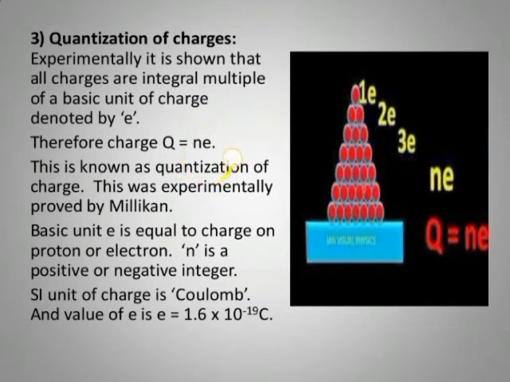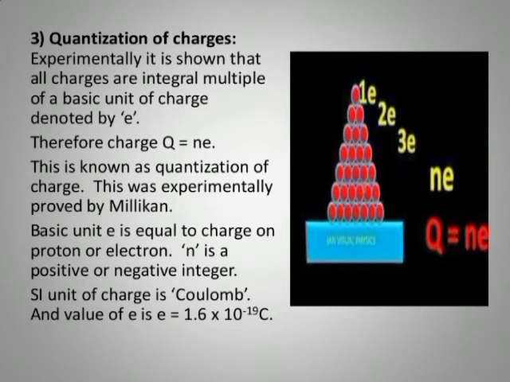So n tells you about the number of electrons, and here e tells you about the charge that the electron carries. And the value of e, the charge, is 1.6 × 10^-19 coulomb.